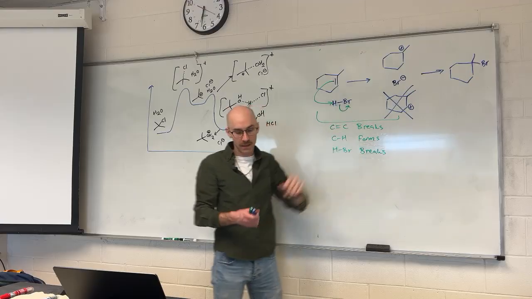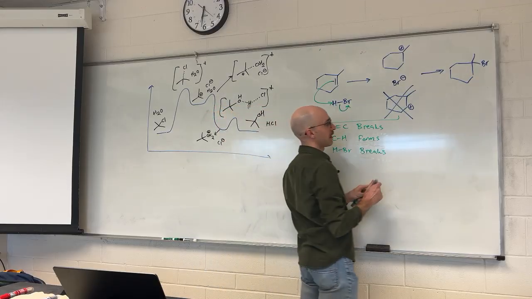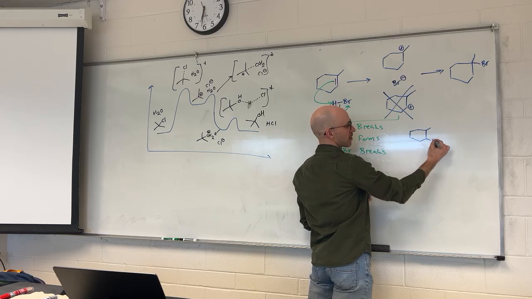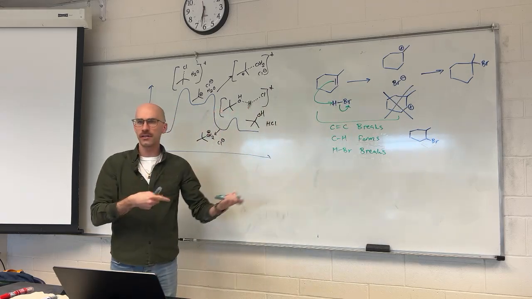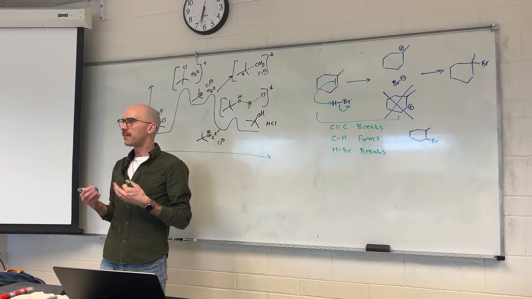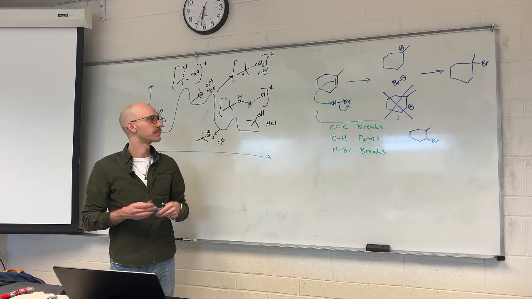If this were the intermediate on the bottom, I'd have a structural isomer. My bromine would bond to a different carbon. That would give me different hydrogen signals. That would give me a different NMR spectrum.